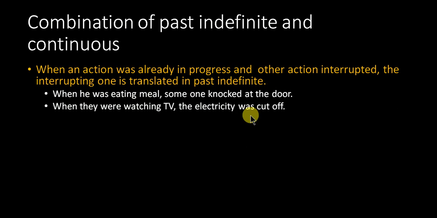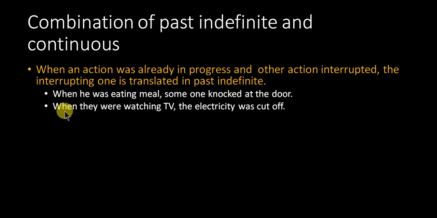See the next example. When they were watching TV, the electricity was cut off. Yes, they were already busy in watching television. The action of watching television was in progress, but after that the action of cutting off electricity interrupted. So cutting off electricity was the action that occurred during this action when they were watching TV.